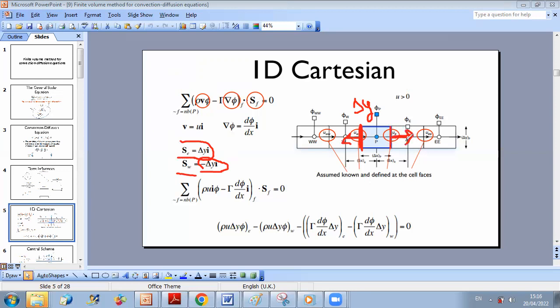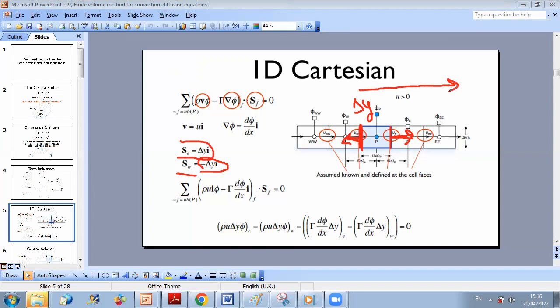When I do rho v phi dot S, automatically for the outlet flux I will get a positive result, and for the inlet flux I will get a negative result, considering that the velocity is along the positive direction.